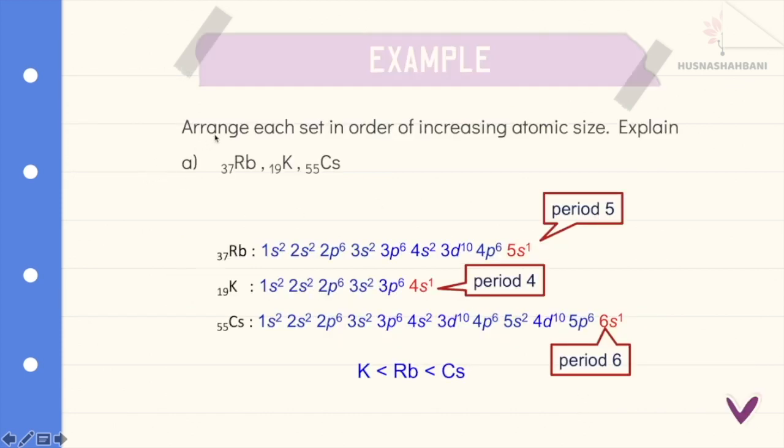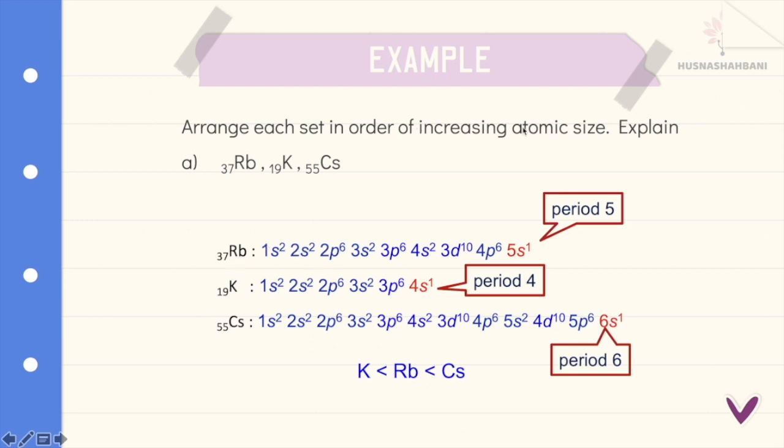Example: arrange each set in order of increasing atomic size. Explain. So we have 37, 19, 55. These are proton numbers, the same as the number of electrons. Write the electronic configuration for rubidium, potassium and cesium.